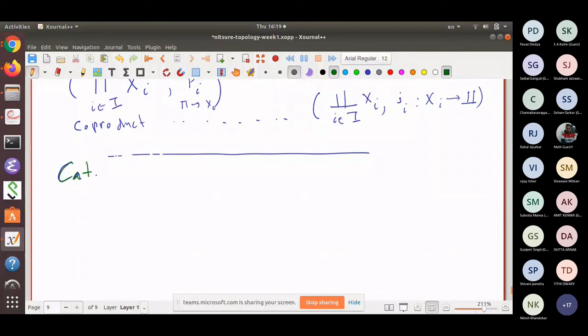So here I say binary product, or an alternative notation is X cross Y, and the binary coproduct. Okay, so let's start with sets. So what is this? This is the Cartesian product X cross Y.